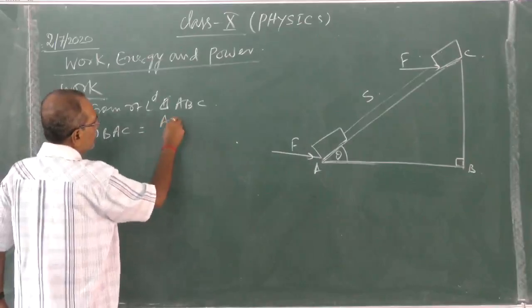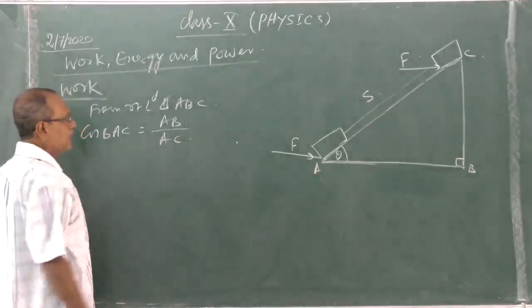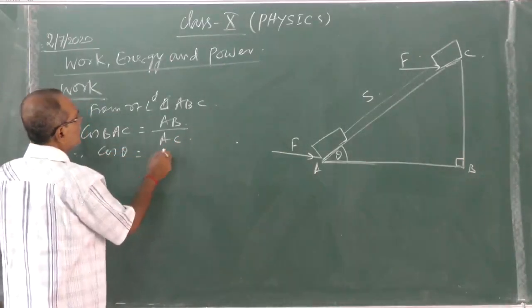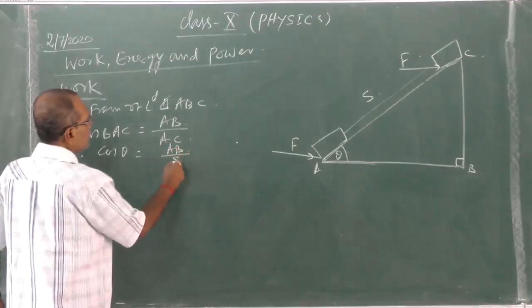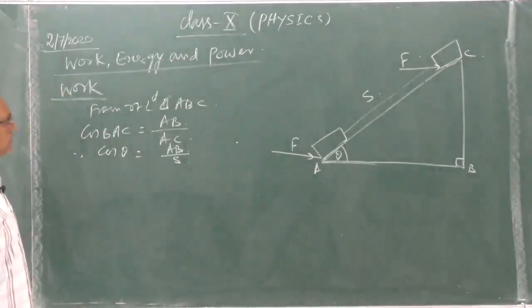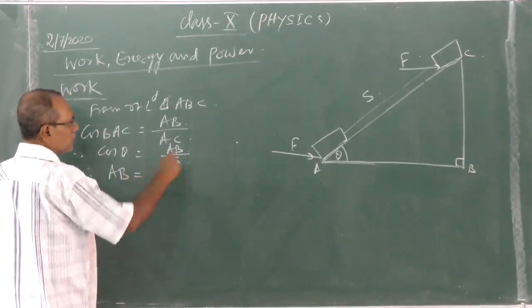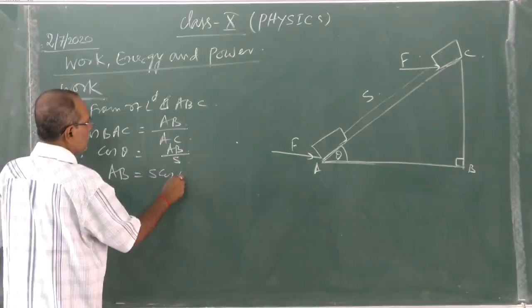AB by AC, base by hypotenuse. So that is cos theta equal to AB by S, as AC is S. Therefore displacement along force, that is horizontal direction, is S cos theta.